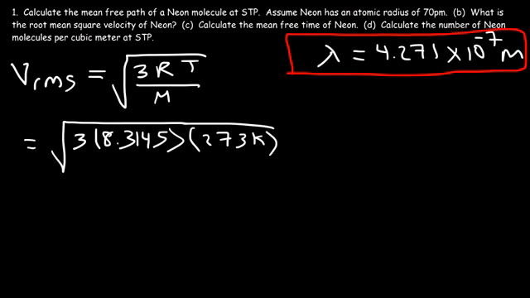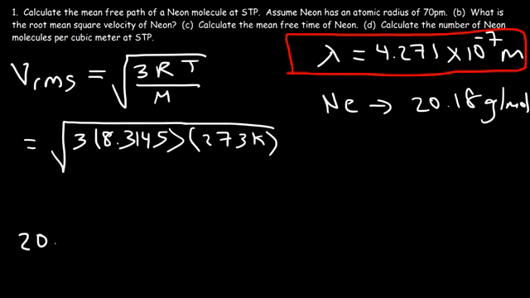Now we need to go to the periodic table to look up the atomic mass of neon. If you go to it, you're going to see it's about 20. I think it's 20.18, but let me double check it. So it's 20.18 grams per mole, or atomic mass units.